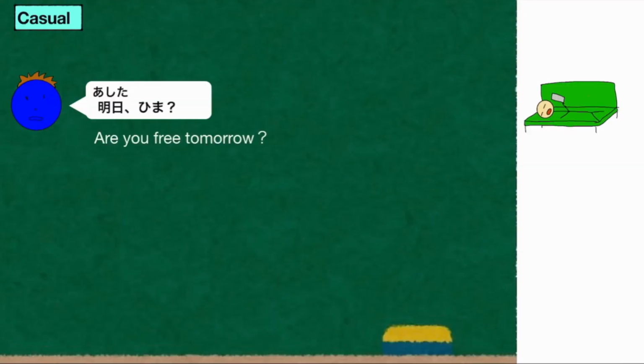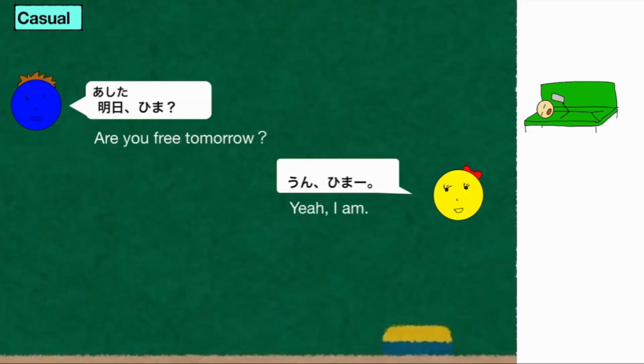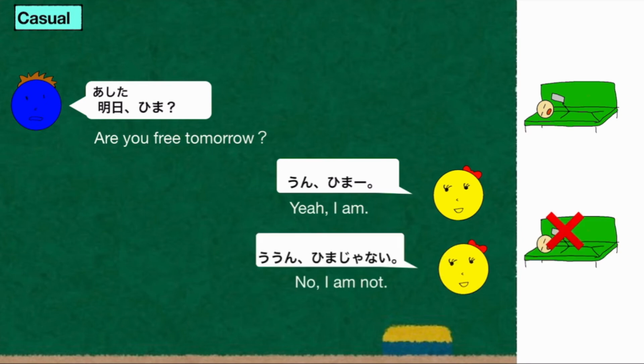Second, how to use it. 明日暇? 暇じゃない. Sato-san and Fatima-san are friends, so this is casual conversation. 明日 means tomorrow. And for 暇, we learned the plain form is 暇だ.